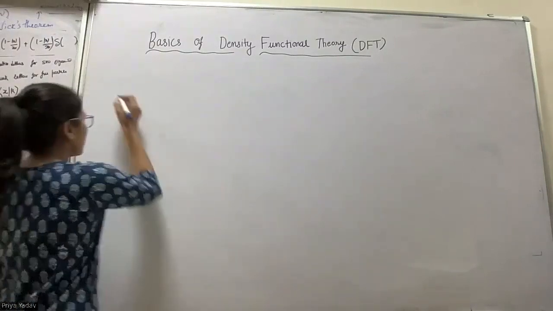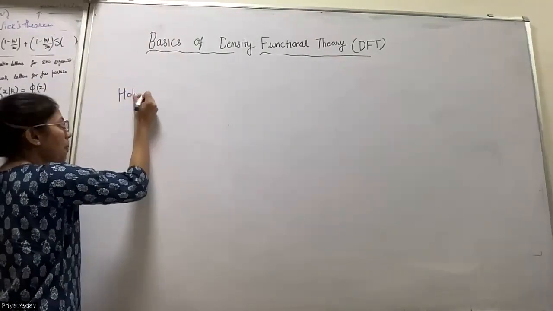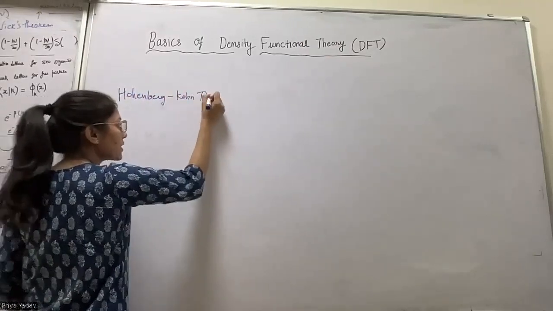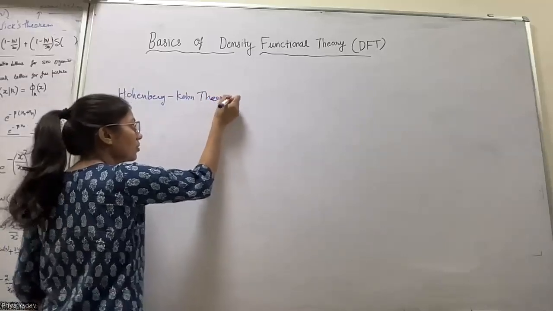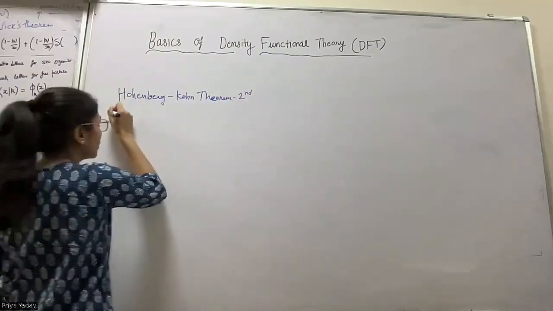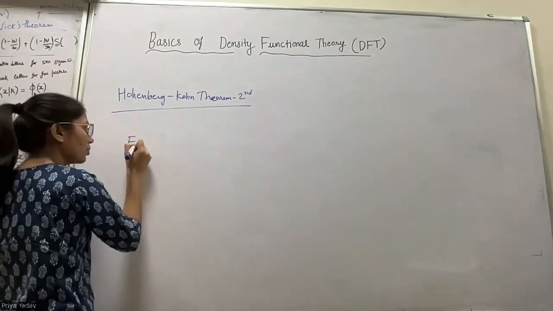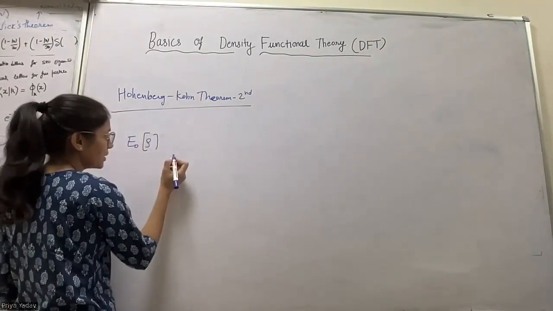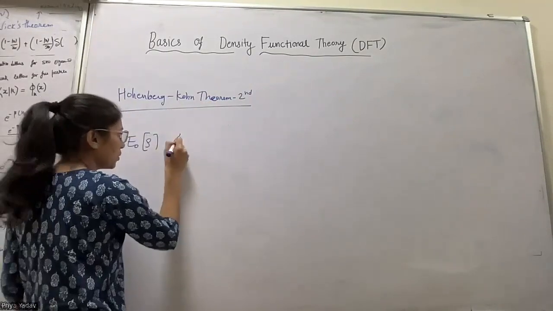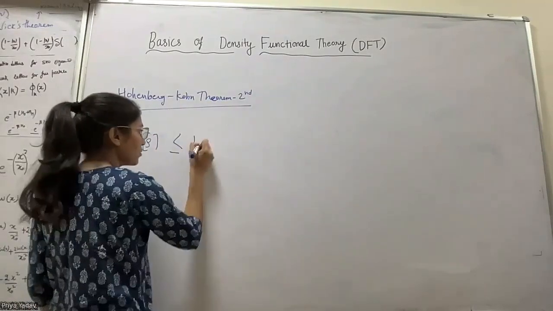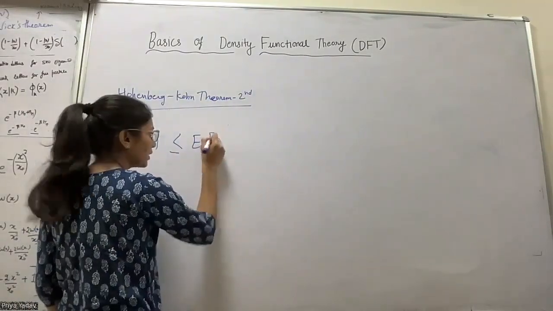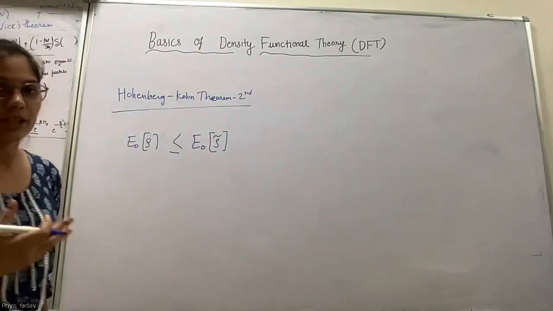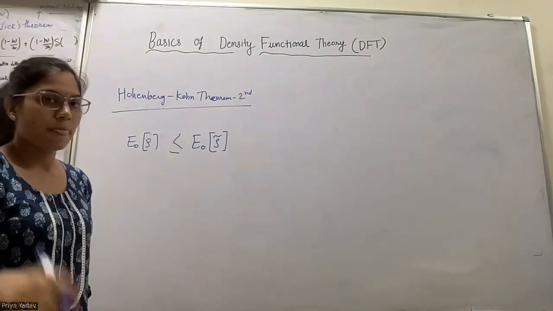That is Hohenberg and Kohn's second theorem, which says that the true ground state energy is a functional of the true electron density, and any other trial density will give me energy either equal to or greater than this. So basically it also follows variational minimization.